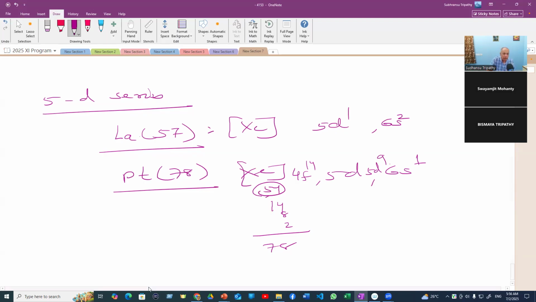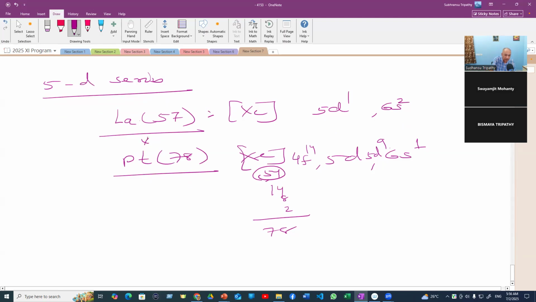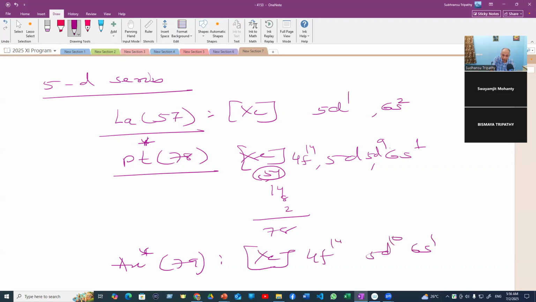And then, as usual, the other one is gold. Gold, like its younger siblings, copper and silver, also has an anomalous xenon configuration, 6s1, 5d10. Of course, 4f14 will be there, then 6s1, 5d10.